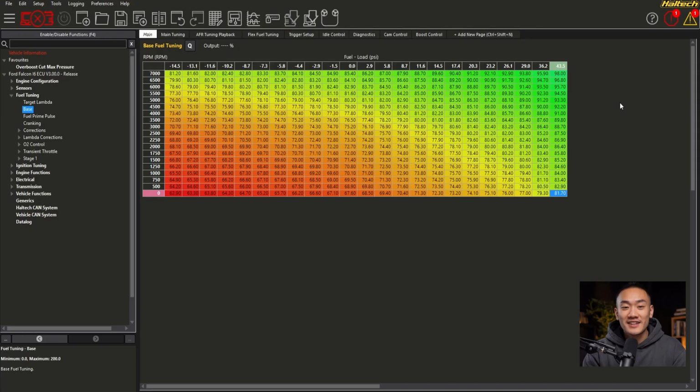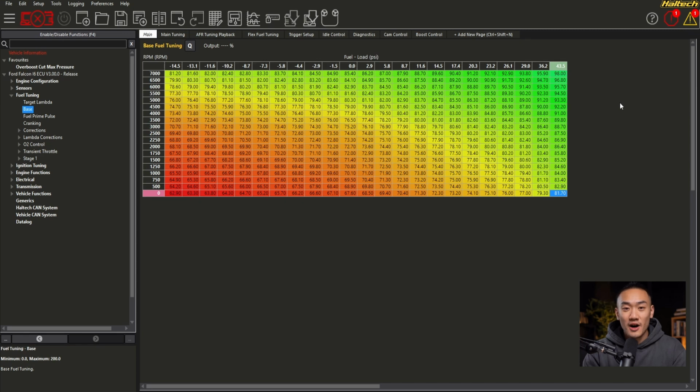The ECU takes a few known inputs: engine displacement, manifold pressure, intake air temperature. From those, it can calculate how much air should be entering the engine. It then looks at the VE table to determine how efficiently the engine is actually moving that air at a given RPM and load. With that information, the ECU calculates the mass of air per cylinder.